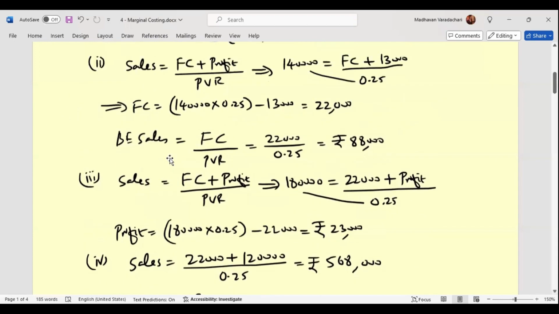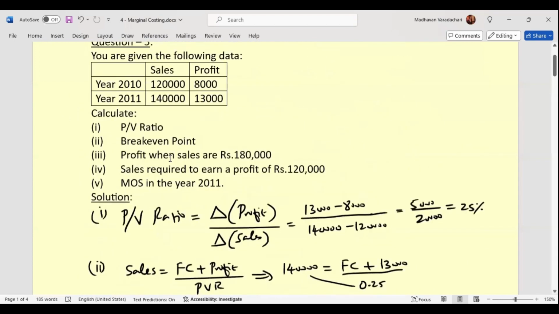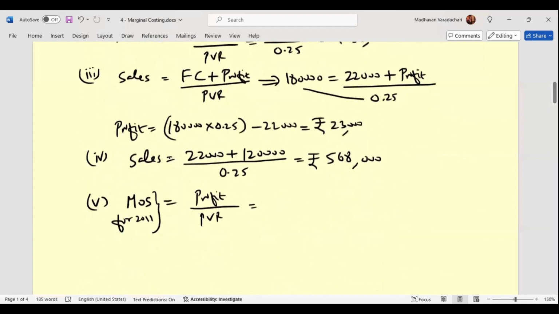Profit for that year is given as 13,000 divided by PV ratio 0.25, which means this works out to rupees 52,000. So that is the solution for this question. Let us move on to the next question.